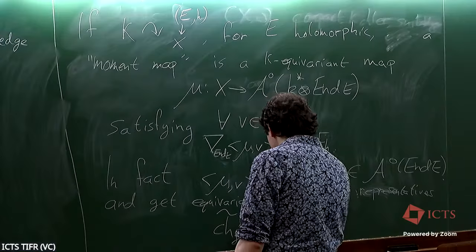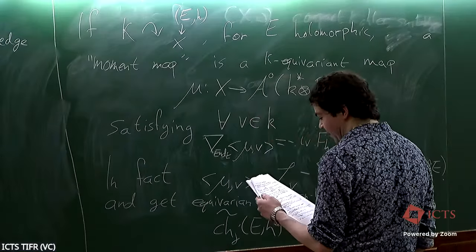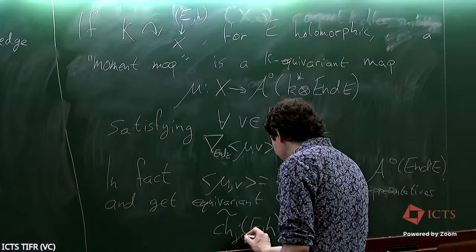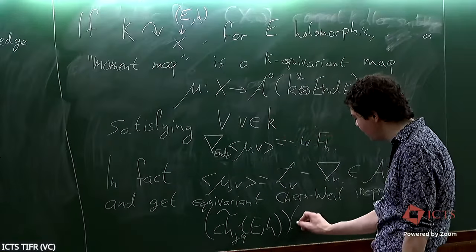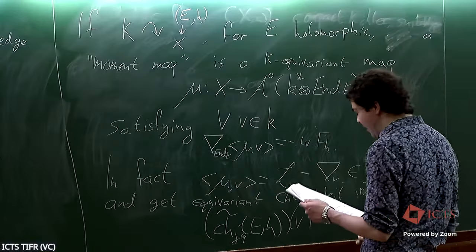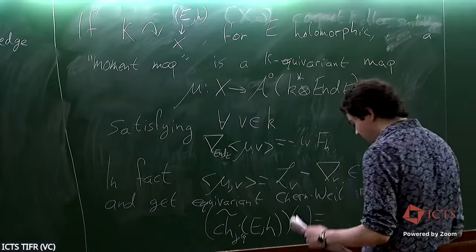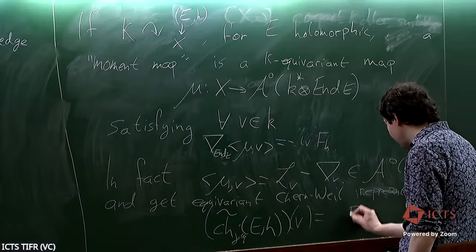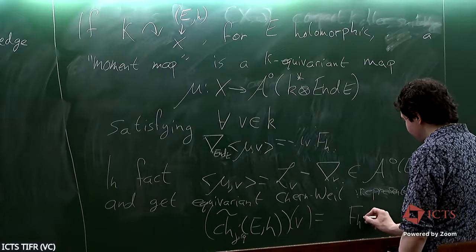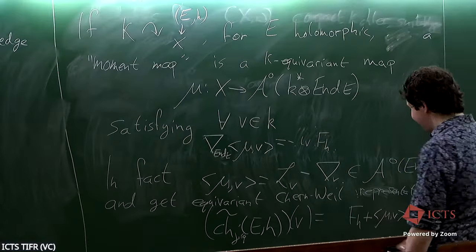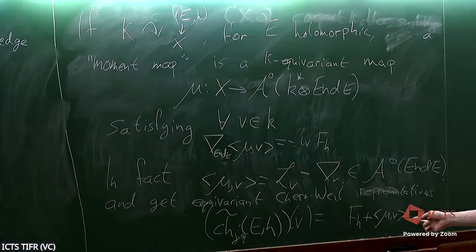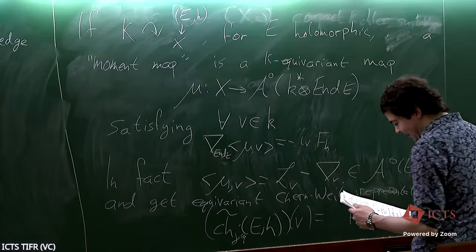They use the Hermitian metric on this holomorphic vector bundle, but I'll include K. This should be an equivariant differential form, so it should take an element of the Lie algebra and give me back some differential form. What I'm going to do is consider F_h, the curvature, plus the moment map paired with this element. So that's a two-form with values in End(E) plus a section of End(E), but that's okay.